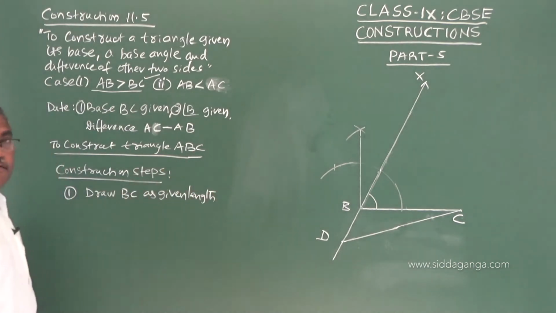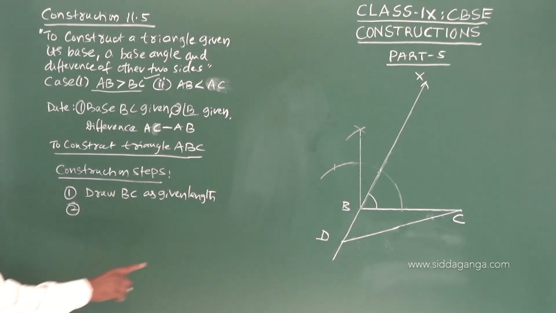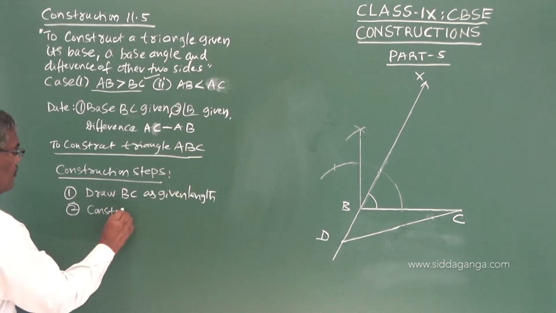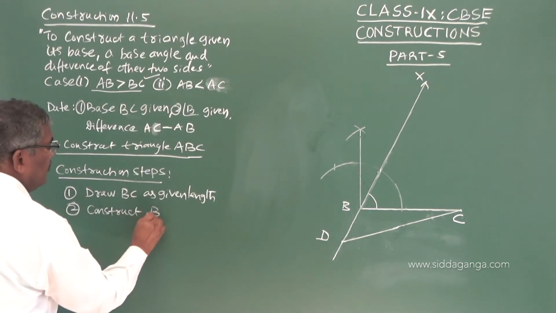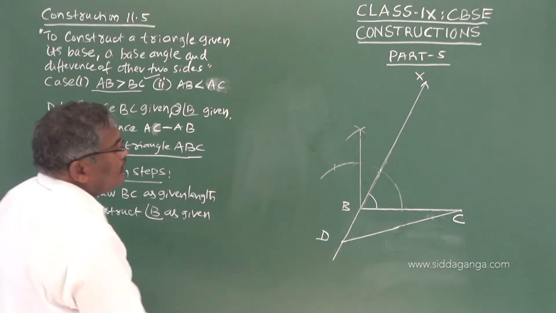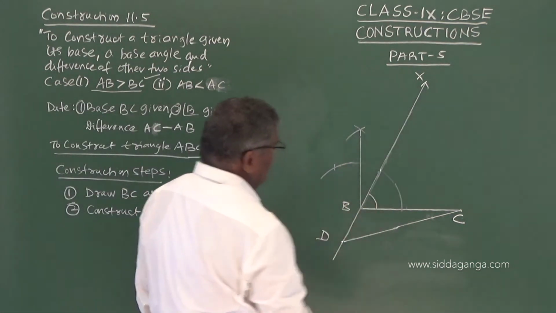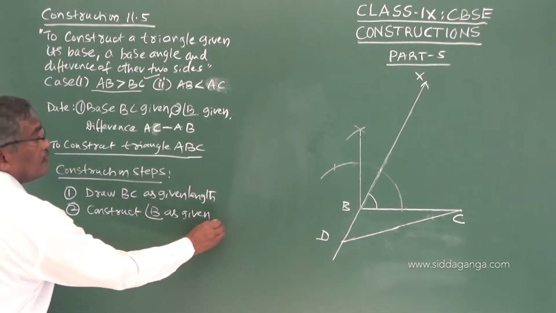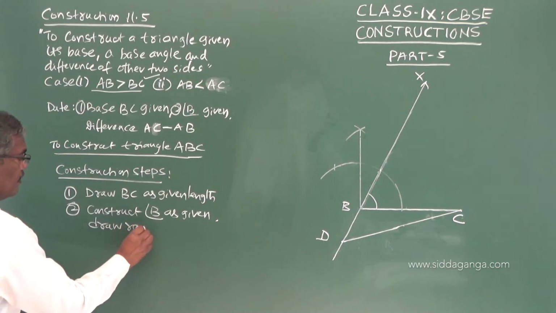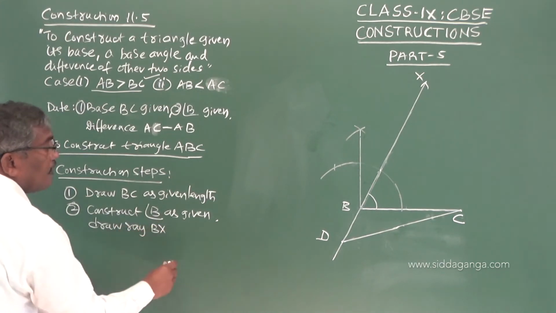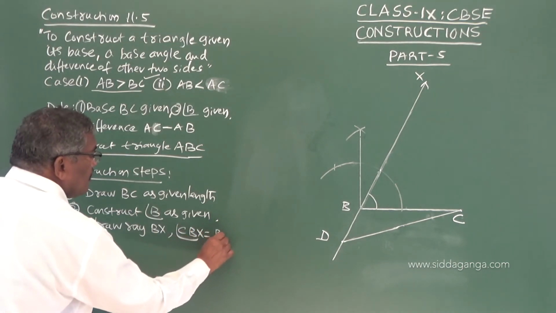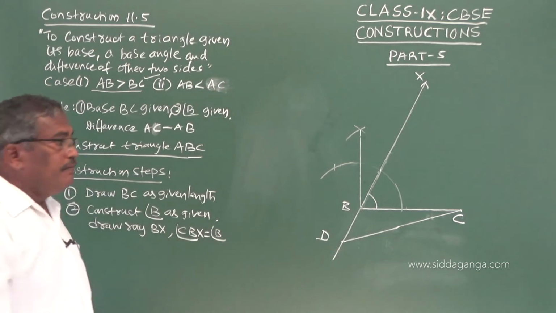Second, construct angle B as given: draw ray BX, so that angle CBX equals angle B as given.